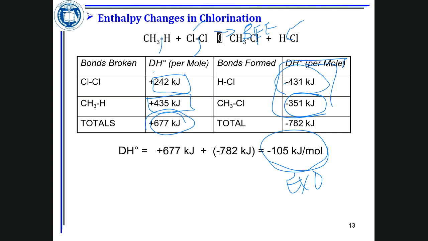So you make more, you make a profit. Like if you are doing a job where you have to spend $1,000 and then you are getting back $1,500. That's the same idea. So this is exothermic and heat is being released.